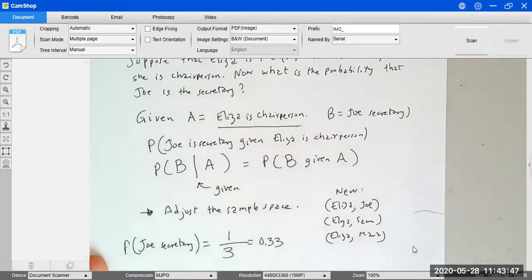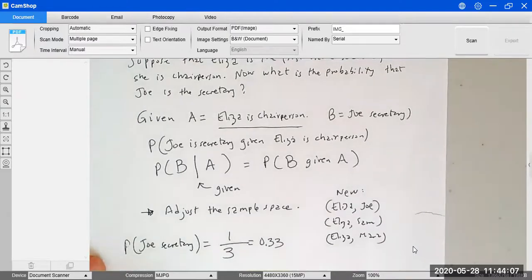That's example 5.18. I hope you now understand a little bit about conditional probability, and that the best way to solve the problem is to change the sample space and then solve it as if you were working with a single event, not a compound event.